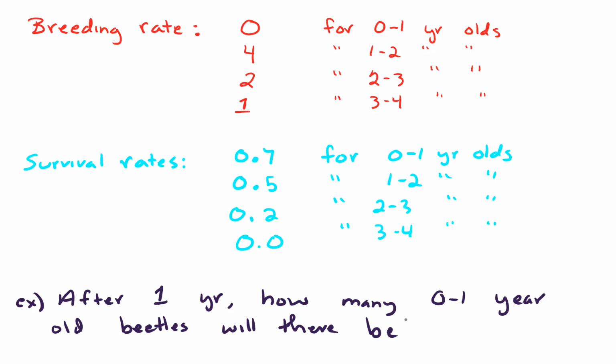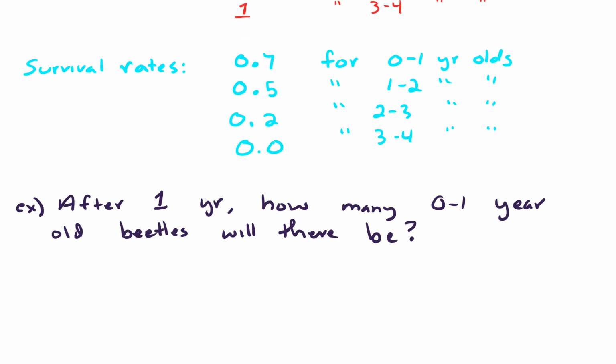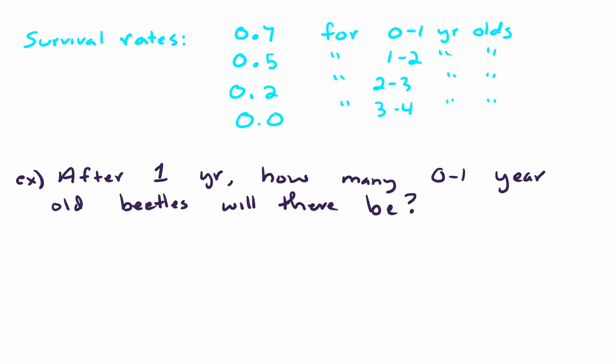Well, the only way you can get a beetle that's between 0 and 1 years of age is if you have a newborn beetle. So this is equivalent to asking how many newborn beetles do we have in a given year? Okay, so we need to add up.